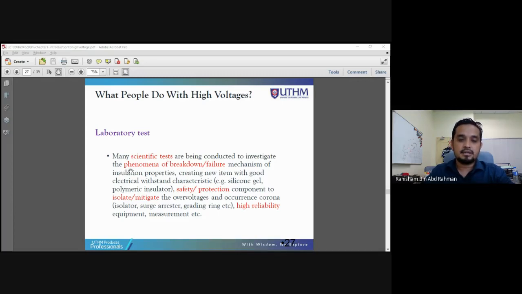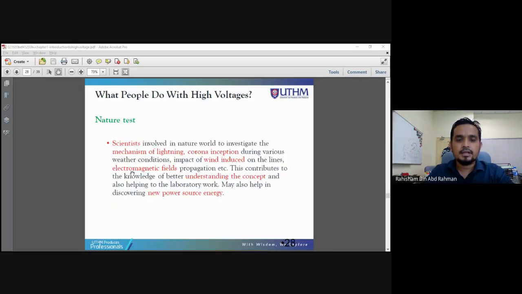That's why we need the high voltage impulse generator. We also need it to simulate natural phenomena, for example lightning, and the switching activity, so that we can test the devices in high voltage to be at their best working conditions.